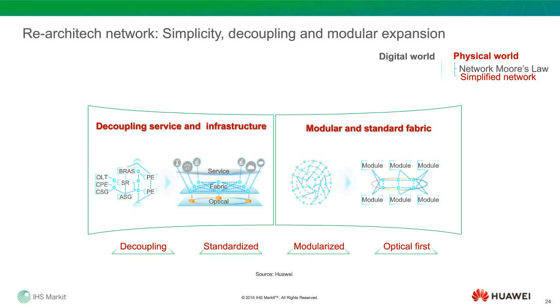If you remember, as Craig mentioned, there's a famous saying: if you automate an inefficient network, it magnifies the inefficiency, right? So we have to simplify the network first, then we can add automation and intelligence on it.